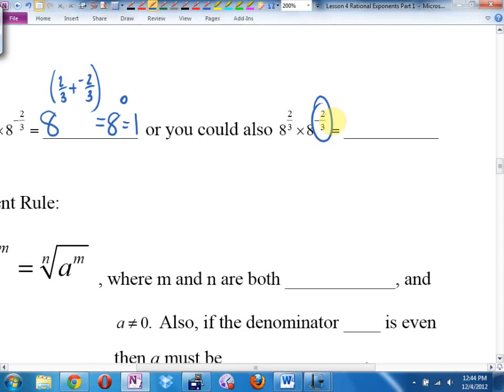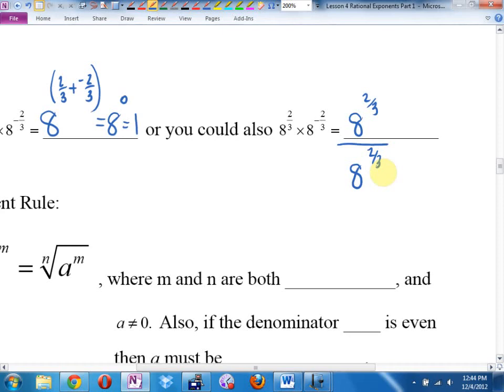How do you know? Because it's written up high? Is it negative? How do you know? It's got a negative in front of it. So back to my first question: is it a negative exponent? Absolutely. Elevator. I could rewrite this and say there's going to be an 8 to the 2/3 on the top over an 8 to the 2/3 on the bottom. I moved it to the bottom and ditched the negative.